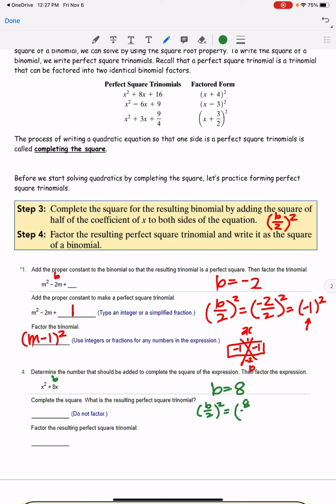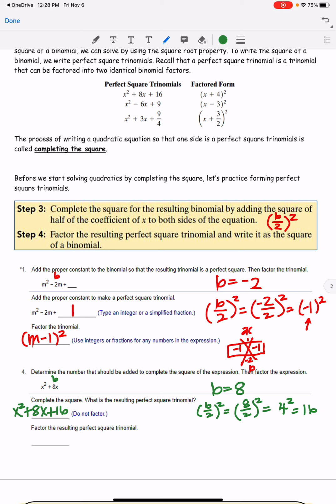So you've got 8 over 2 quantity squared. 8 divided by 2 is 4, and 4 squared is 16. So I've got x squared plus 8x plus 16. It says don't factor, it wants that trinomial.